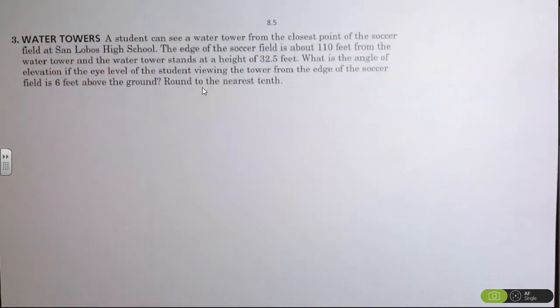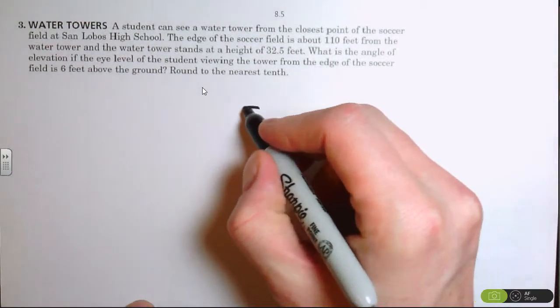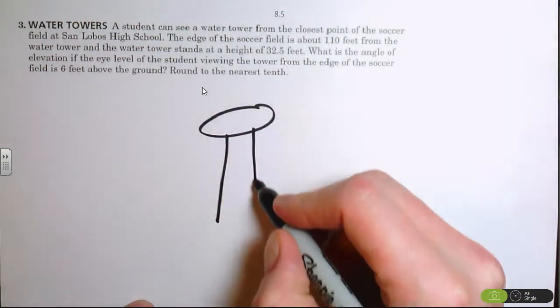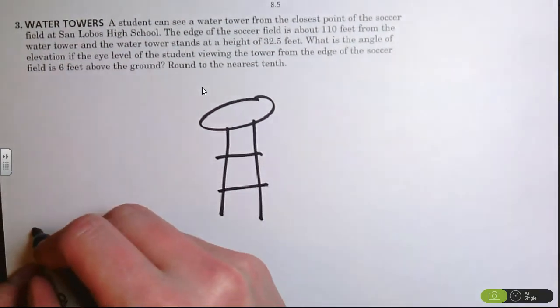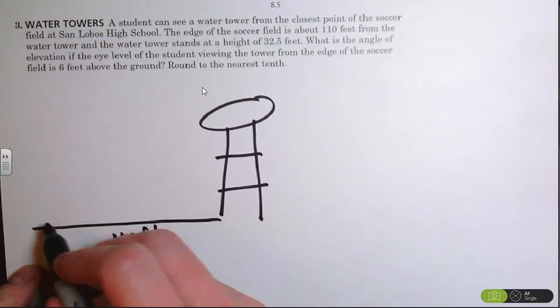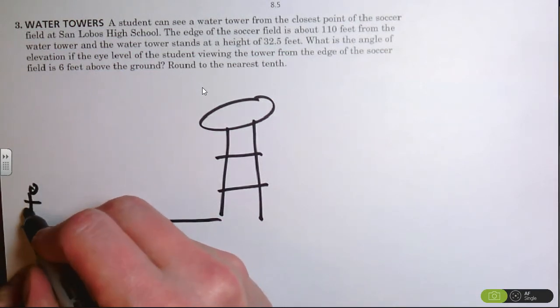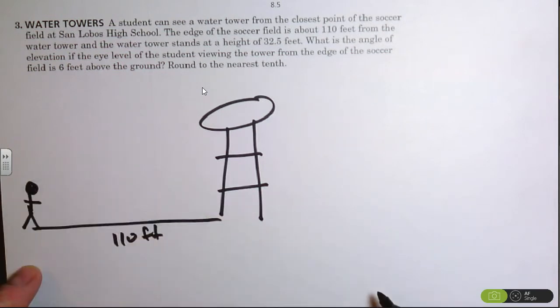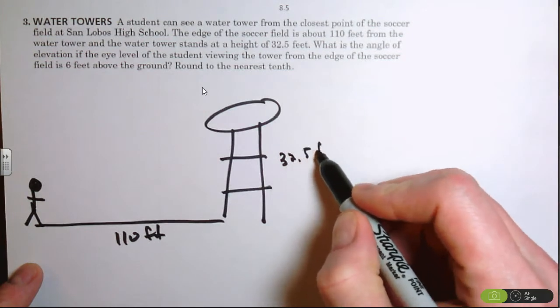So we have to draw this first. Here is our water tower, and it's 110 feet from where he's standing in the soccer field. Now the tower itself is 32.5 feet.